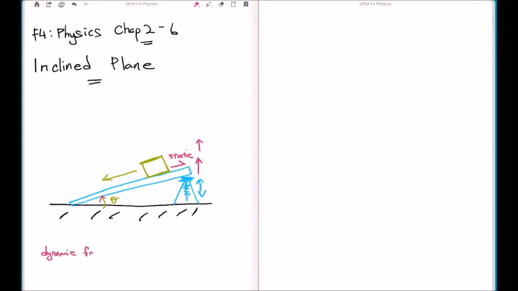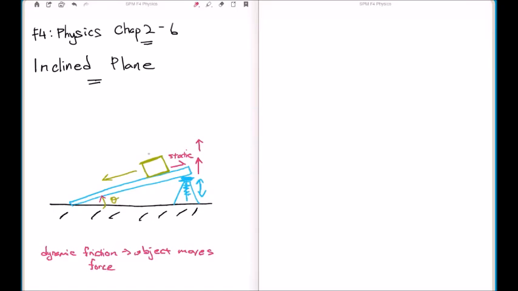Dynamic friction is when the object moves. In order to make an object move, you need to have frictional force. That kind of friction is dynamic frictional force.